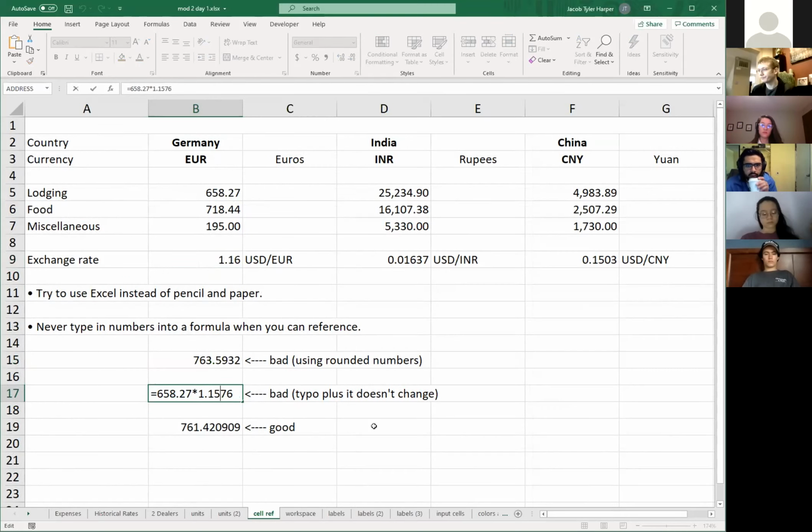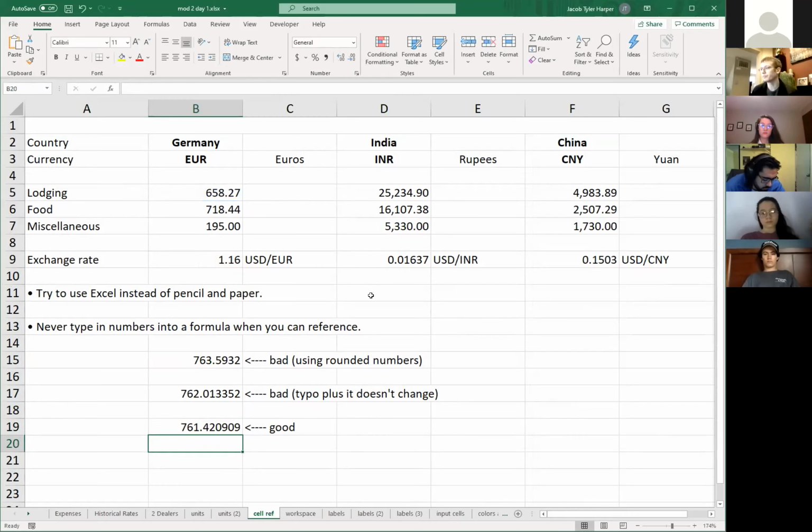Another thing that can happen, if you're just going to write this out, it's extremely easy to make typos. I've reversed the order of 2 of these digits. I don't even remember which 2, but another thing that can happen. So first thing I'm going to point out is try to use references as much as you can. It's just a safer way to utilize Excel. You will never have rounding mistakes if you do it this way.